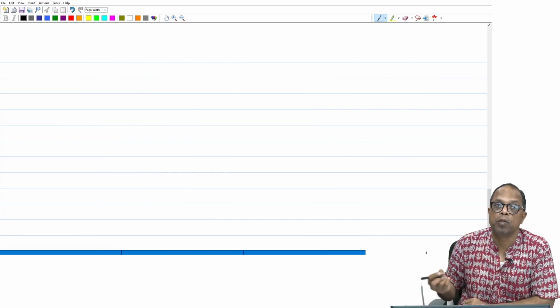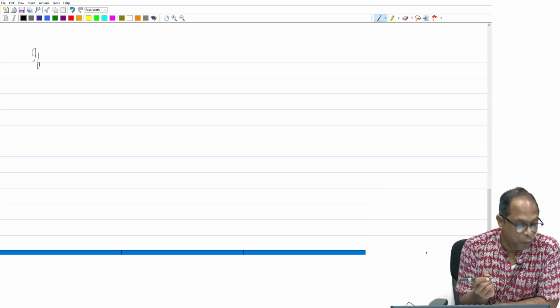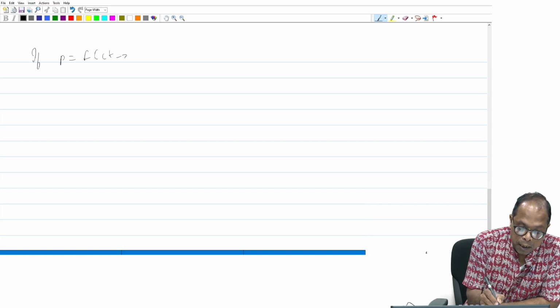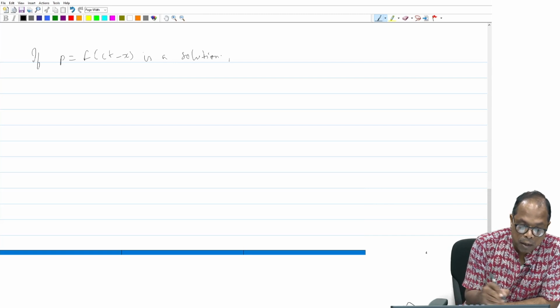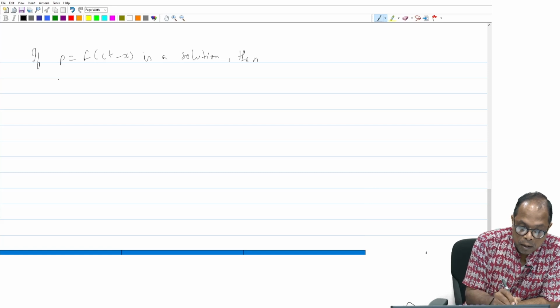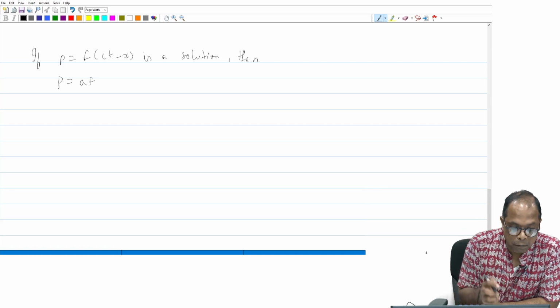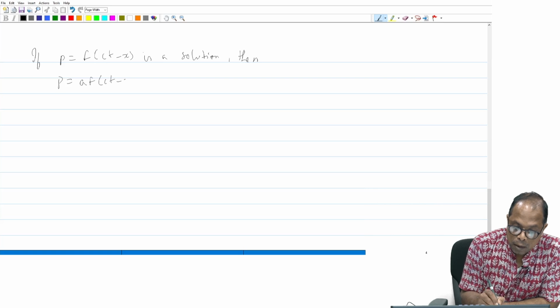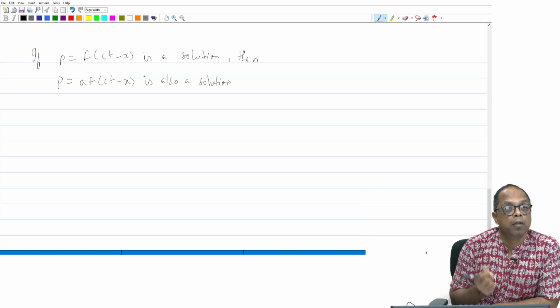Now, because of the way the wave equation is, if p equals f of c times t minus x is a solution, then p equals a times f of c times t minus x, where a is some quantity, is also a solution.